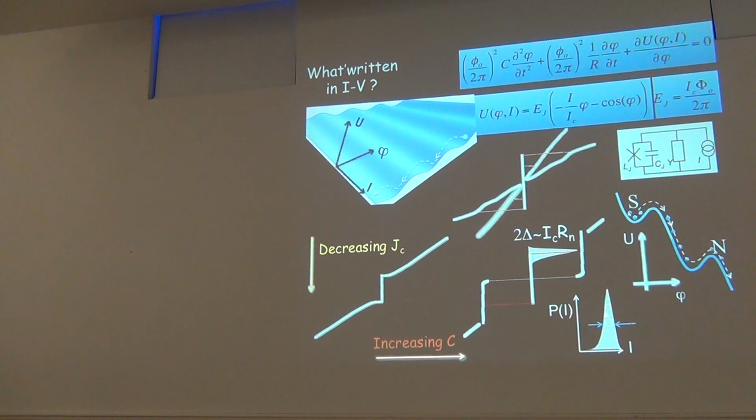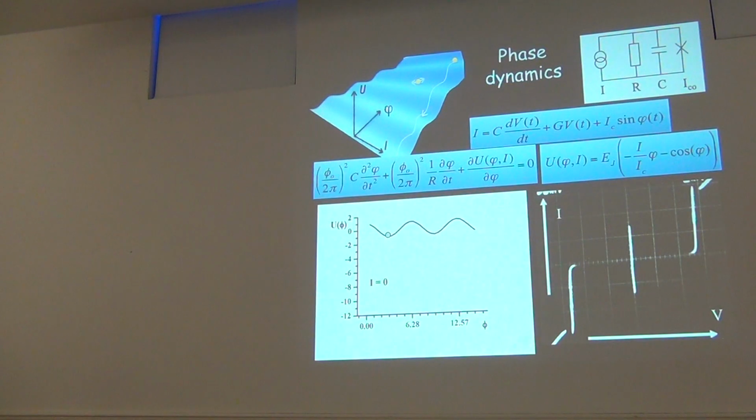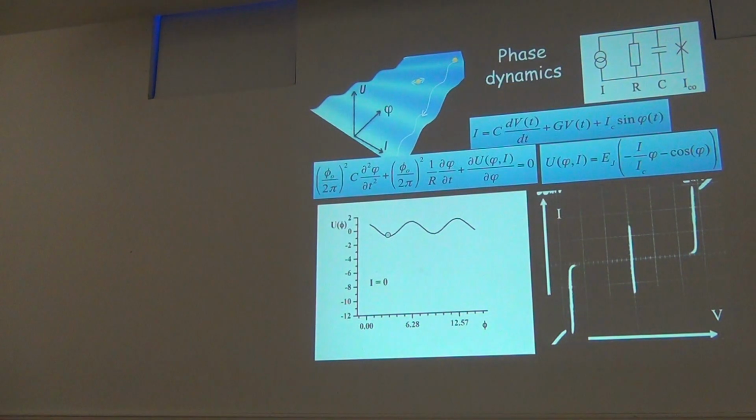And we will study how the width of the switching distribution will depend on temperature. Just for everybody, what is really extremely exciting is that you have here the phase. This is the macroscopic phase of the condensate. When you are at zero bias, you have your experimental point here.